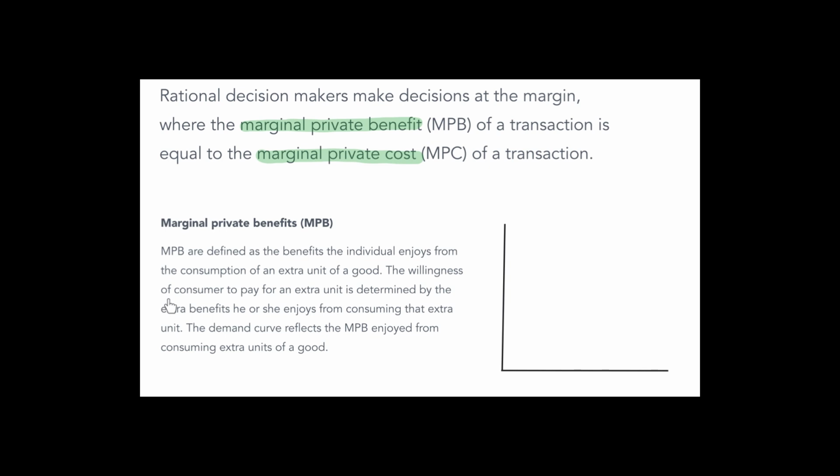The willingness of the consumer to pay for that extra unit is determined by the extra benefit that he enjoys. If you have one more, for the first one I said I got the benefit of, let's say, 20 rupees worth.